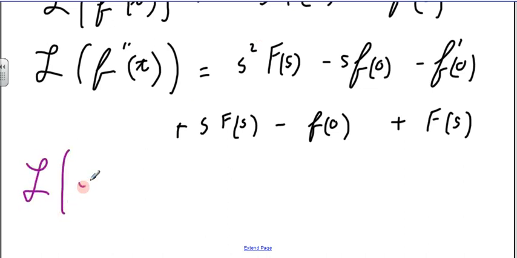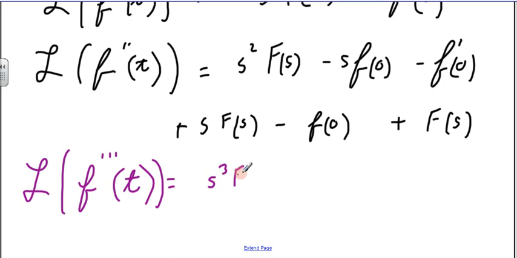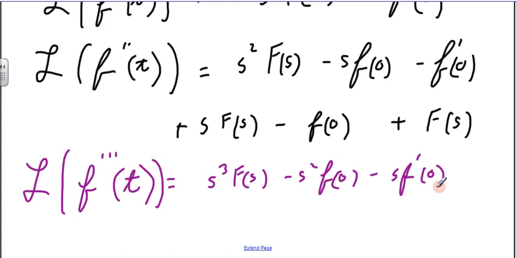The Laplace transform of the third derivative of f is going to be s cubed F of s minus s squared f at 0 minus s f prime at 0 minus f double prime at 0.